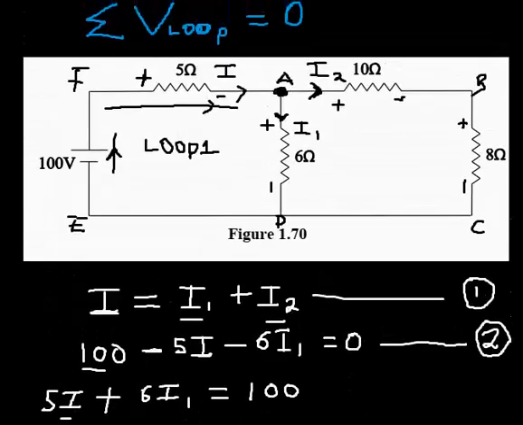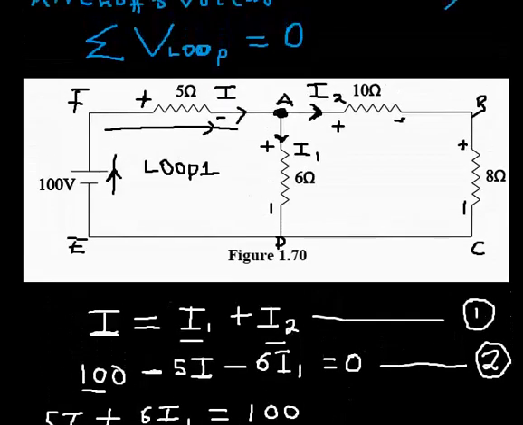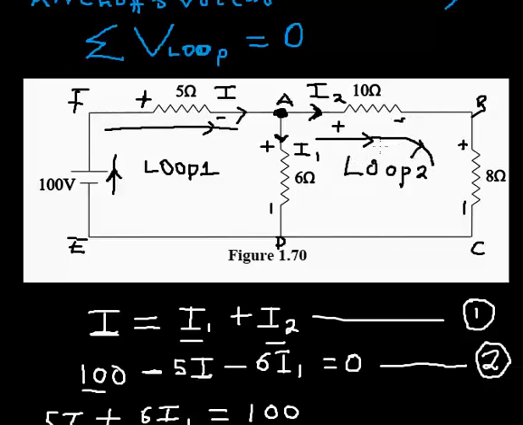So let's go to loop 2. If I go to loop 2, of course, this is my loop 2. I go in the direction of the current. If I go this way, is it anti-clockwise or clockwise? That's also clockwise.